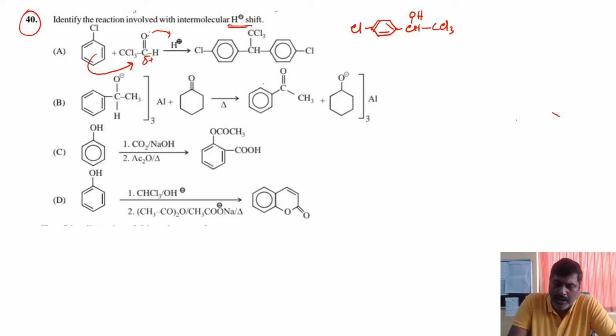And now again you see this one, that as it is an acidic condition, the other chlorobenzene will attack, right? Chlorobenzene attacks again on this place. How this will attack, that also you know, that this will be OH2 plus leaving, and then this is attacking here, and then you will be getting this kind of product.